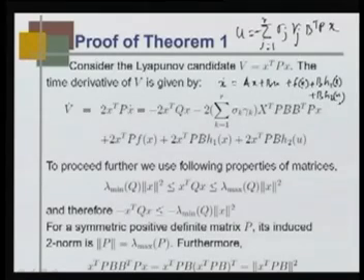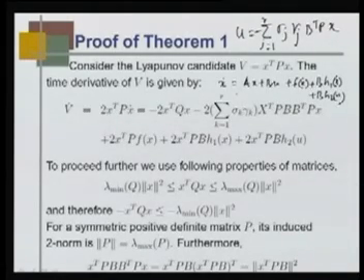Before I introduce u inside, let's see what I will do. V dot is 2 x transpose P x dot, and I can write this expression by introducing this x dot inside. So there is an A x, and what I get is 2 x transpose P A x.